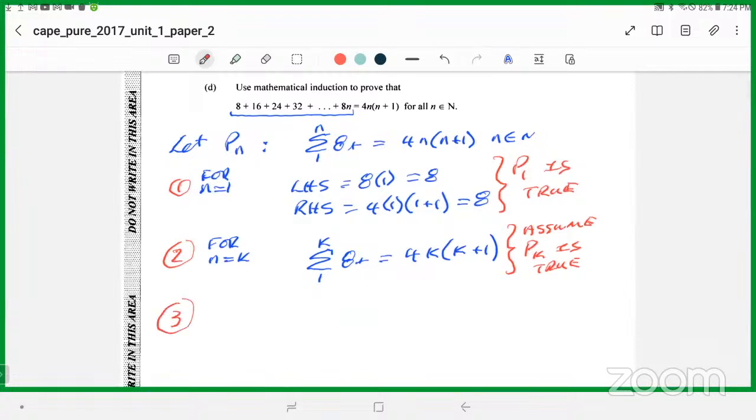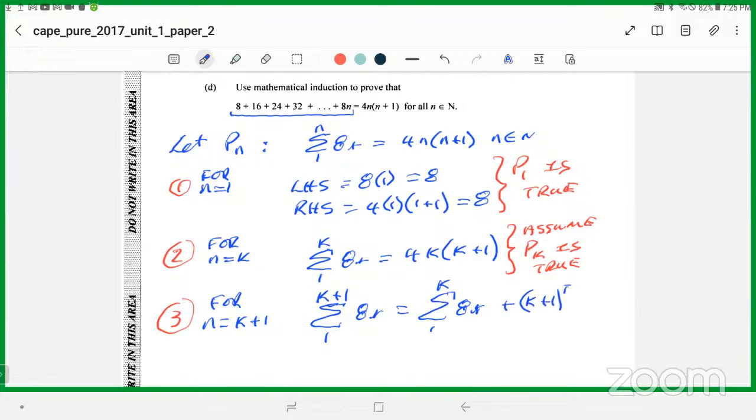Then we come to the induction phase, which is the working phase. Step 3 is where you do the work in these questions. For n equals k plus 1, remember it's a summation type, so you do the sum to k plus a k plus 1 term. So the sum from 1 to k plus 1 of the same 8r will be equal to the sum from 1 to k of the same 8r plus 1 more term, which is the k plus 1 term.